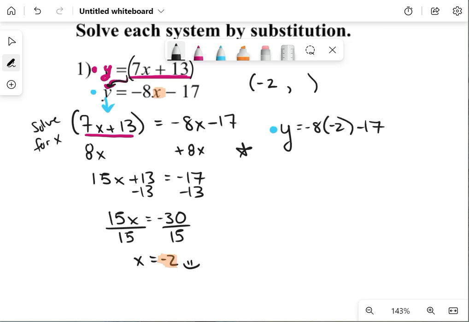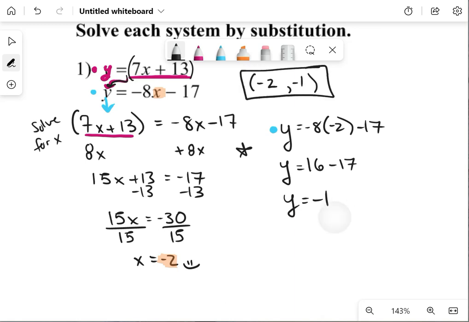That means y is equal to 16 minus 17, and y equals negative 1. So that gets you the other point. You need two coordinates, two answers for each of these, x and y. So the basic steps: substitute, solve for x, and then substitute again to get both of those coordinates.